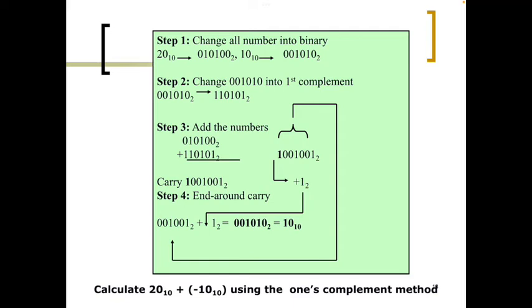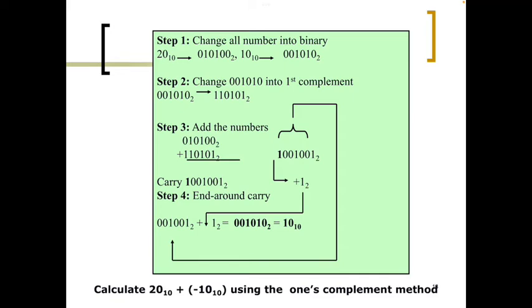So what happened right now? When we convert 20, it becomes 0 1 0 1 0 0. And 10 is actually 1 0 1 0.